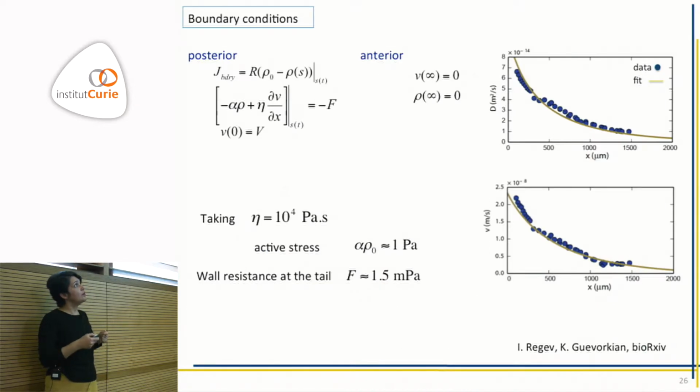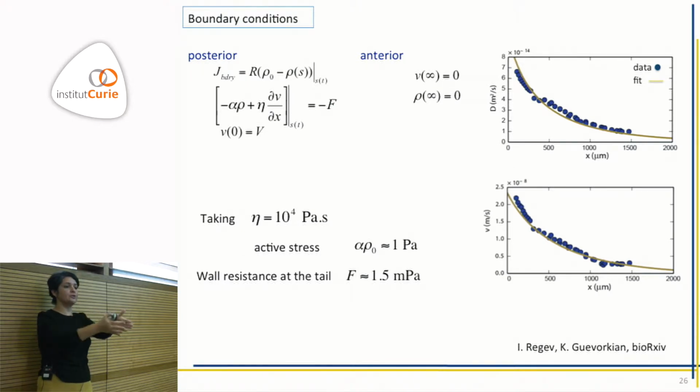And they fit our data with their model, because for this part we just did some preliminary experiments to get the viscosity of the tissue. So by putting the viscosity of 10 to the 4 Pascal seconds, they could get these two terms, alpha rho 0, which is around 1 Pascal, and the resistance of the wall at the posterior.